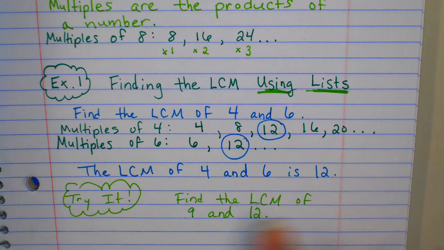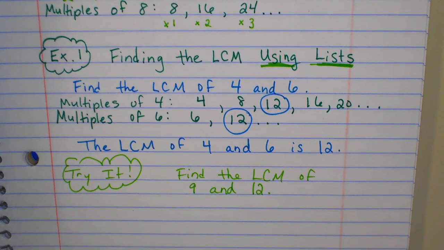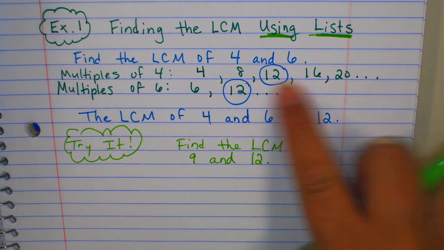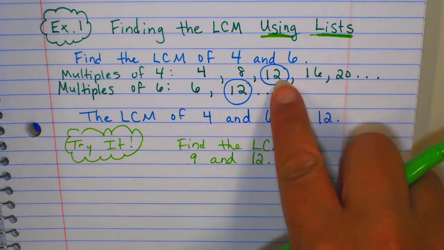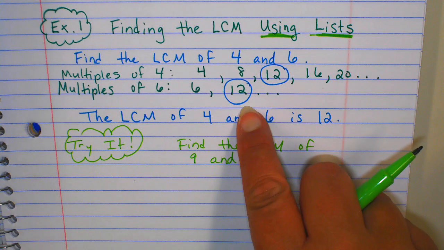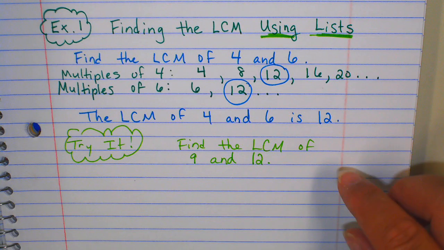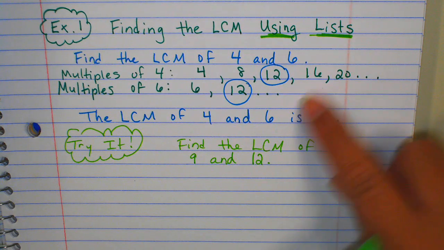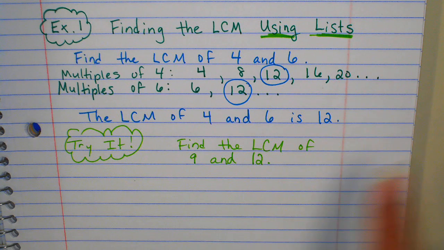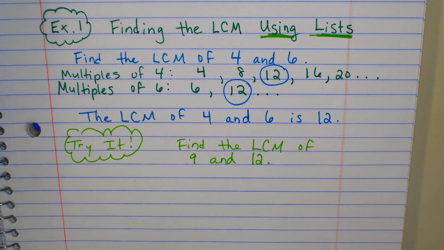Again, you are going to do it just like I did up there. You can go only as long as you need. Maybe start with a couple of multiples and then go to the other number. If you don't see one in common yet, go to either list and start going a little farther out, a couple numbers at a time, until you find the first one.